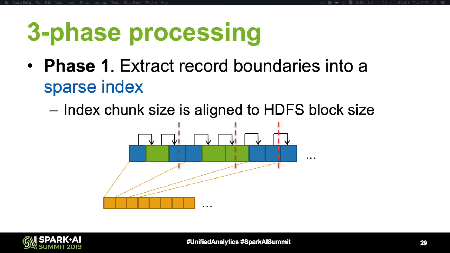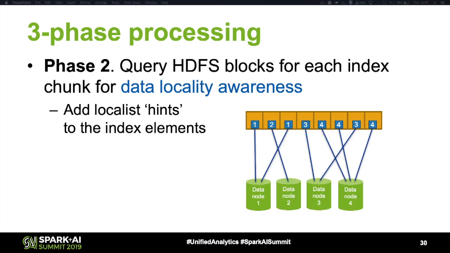This sparse index doesn't contain the locations for each record, but only the records that are on the partitioning boundary. And partition size is determined by the HDFS block. So we construct the sparse index. This is the first stage. In the second stage, for each block of our sparse index, we ask HDFS, please give us the locations of those blocks of the file, those offsets, which data nodes contain them.